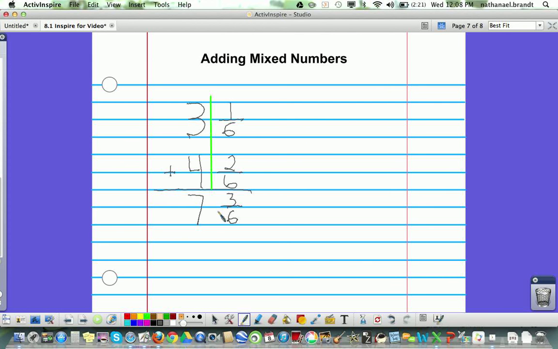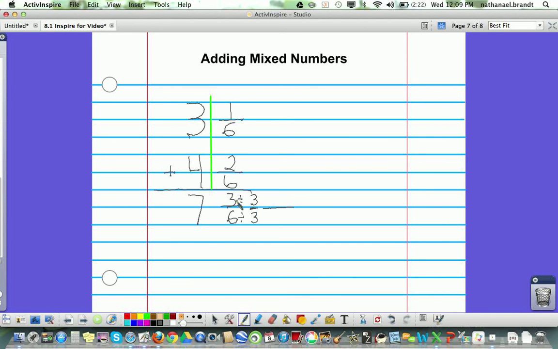If the expectation was to make sure your fractions were in simplest form, we have to double check that our fraction is in simplest form. In this case, it is not. Both the numerator and the denominator have a common factor, and hopefully you said 3. Both of these can be divided by 3.